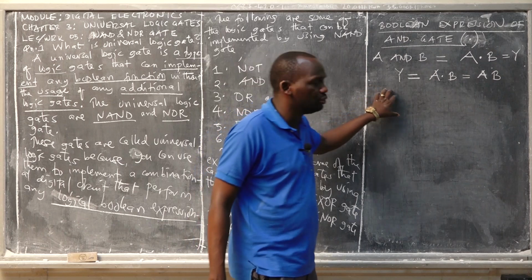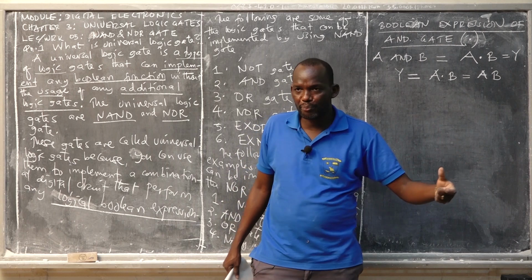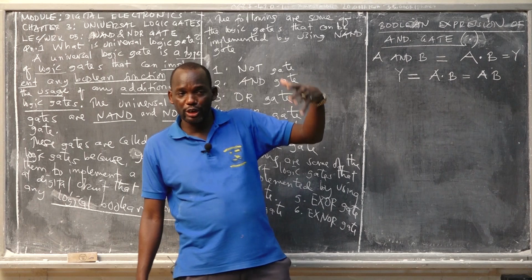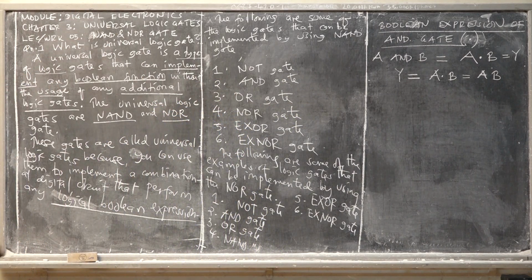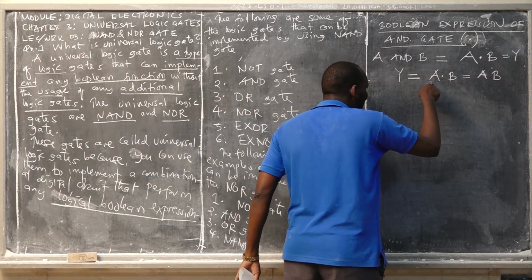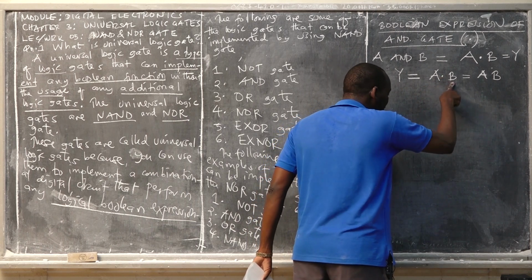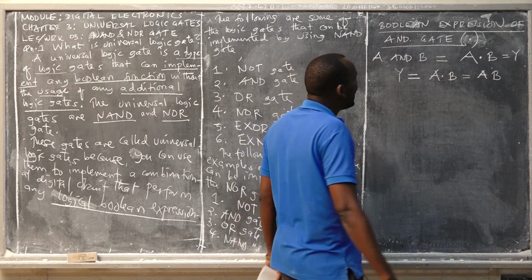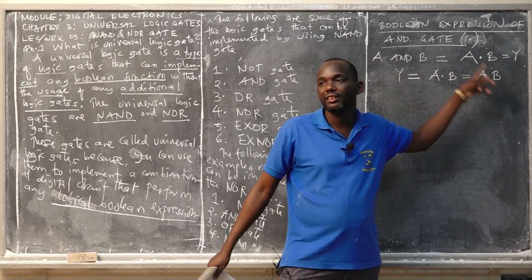Whenever you find a Boolean expression with 2 inputs or 3 inputs or 4 inputs, we can have 4 inputs, but we have to use more than one AND gate. Whenever you see A dot B, this means A and B. These are the 2 inputs, fed into the AND gate. Or when you see AB, this also means A and B.